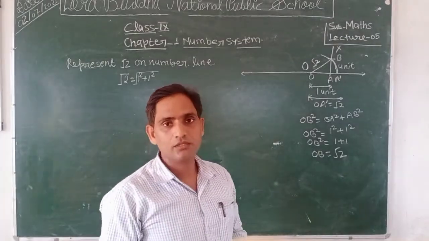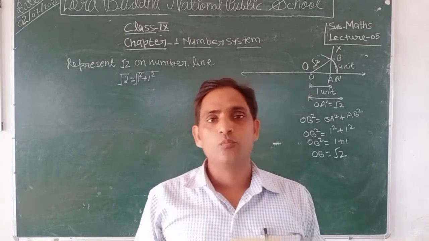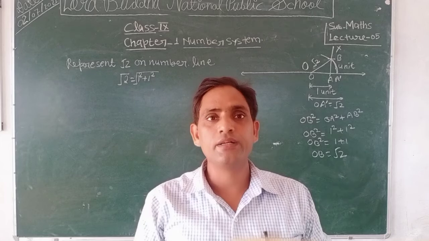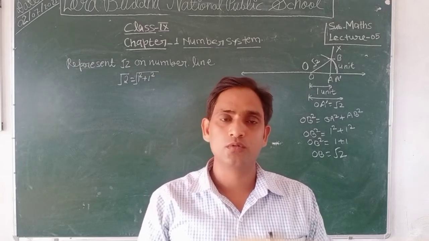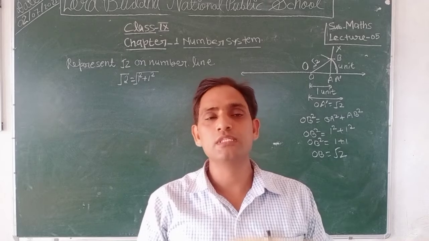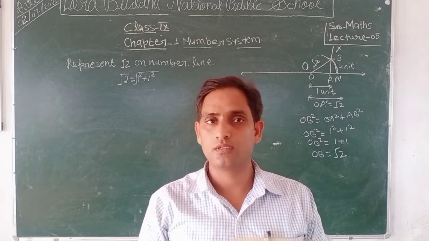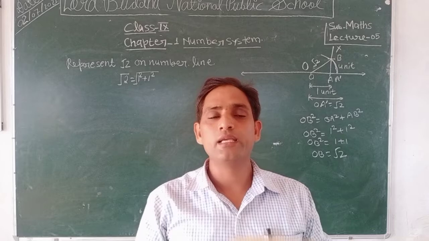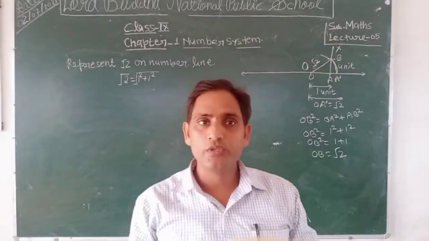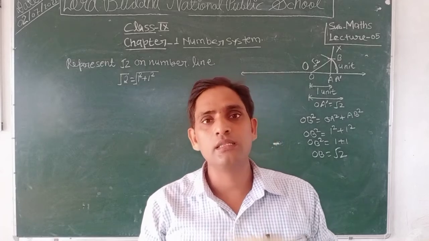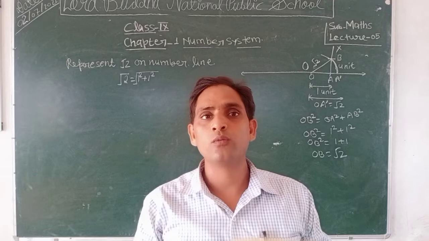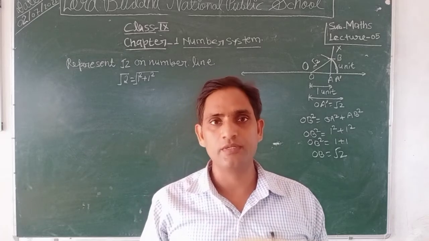You can check this with the help of a scale, by measuring this length. As you know, the square root of 2 is 1.414, and if you measure the length of OA dash with a scale, you will find the length is also approximately 1.414.